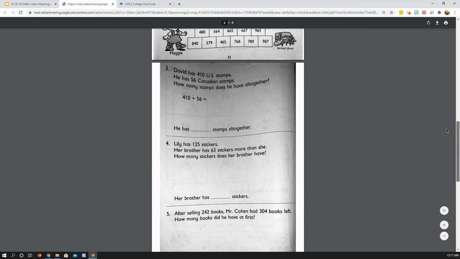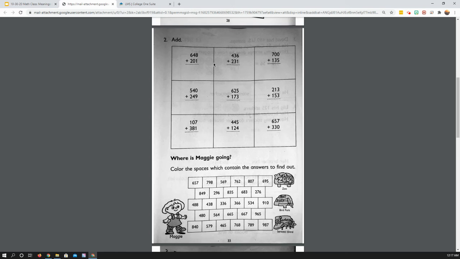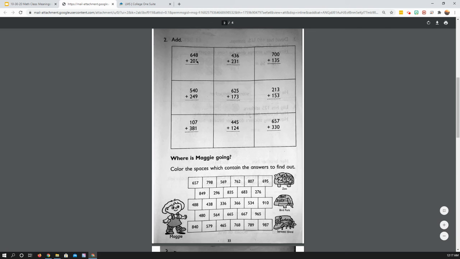And then you have the pages in your workbook. So this is page 33 in your workbook. And all you have to do here is add the numbers. And as you can see, the numbers are already in the vertical form. Remember, vertical means that the numbers are standing up. So all you would have to do is add the numbers. So for example, 8 plus 1 equals what? 9. 8 plus 1 equals 9. 4 plus 0 equals 4.